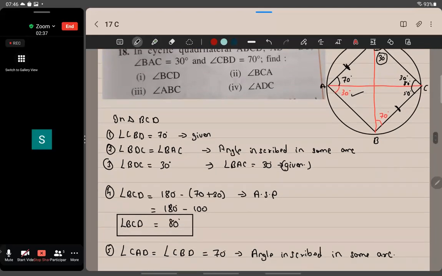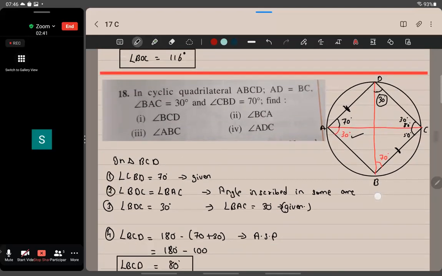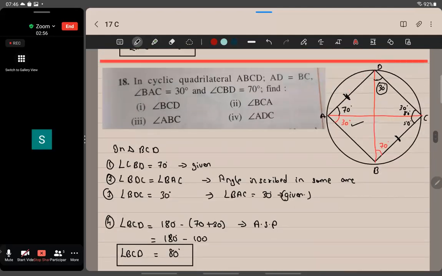Now we have to find ADC. So we have to use triangle property. In triangle ADC, angle ADC is equal to 180 degree minus, this is 70 here, and this is 30 here.